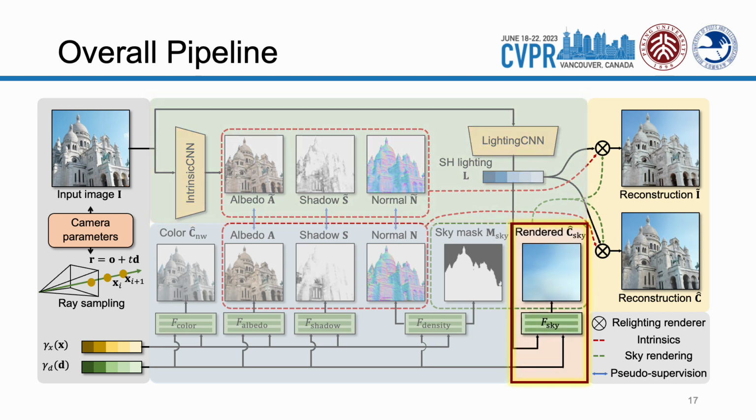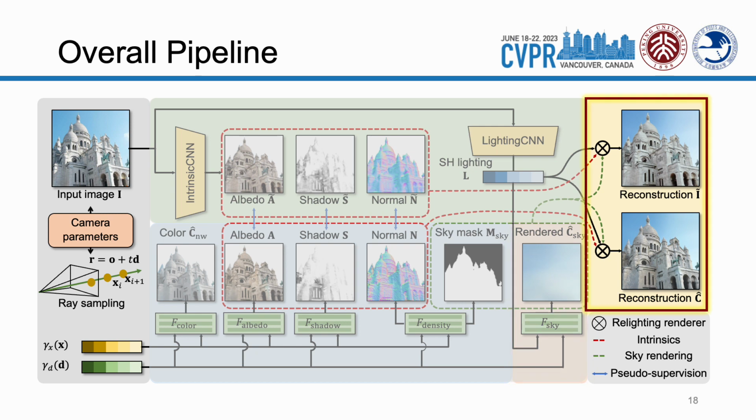An individual Sky MLP is responsible for sky rendering. Composing the opaque objects and sky background, the image can be reconstructed. For NeRF modules, the density function indicates the sky segmentation. And for CNN modules, a pre-trained semantic segmentation model is used. To relight a scene with target illumination, just manipulate the lighting coefficients, leaving other components unchanged.